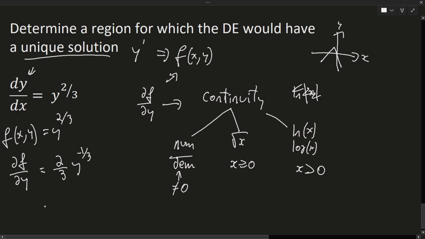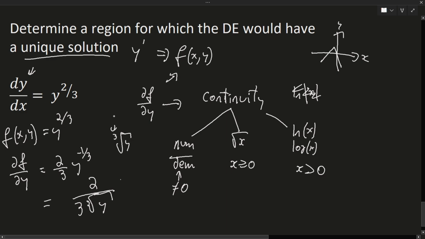That's basically 2 times the cube root of y. Now, this is not a square root of y, so it can be negative. It doesn't matter. With a cube root of y, it could still be 0, it still makes sense.